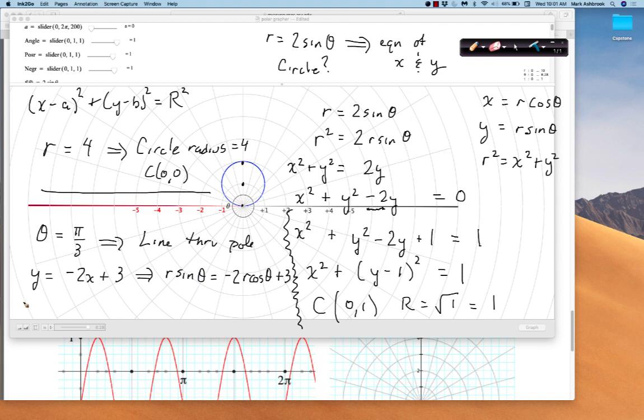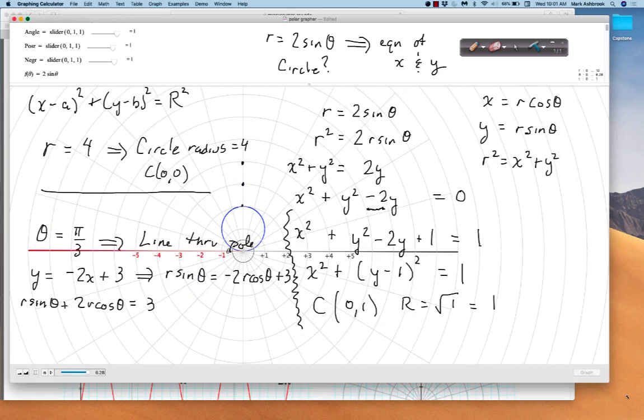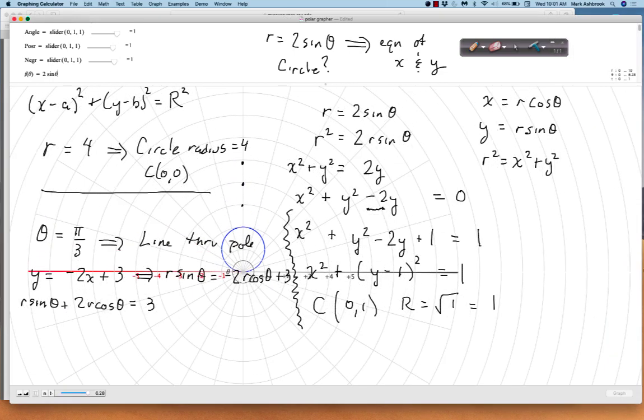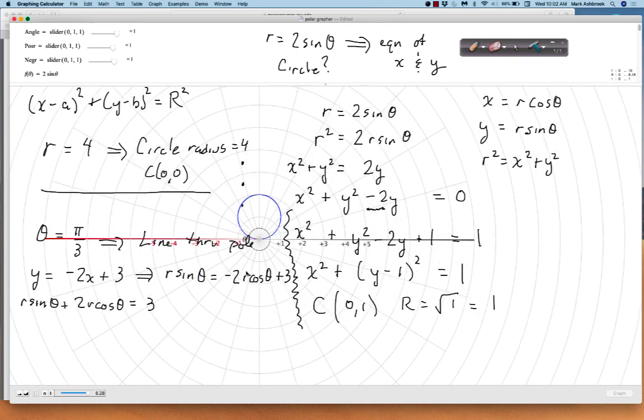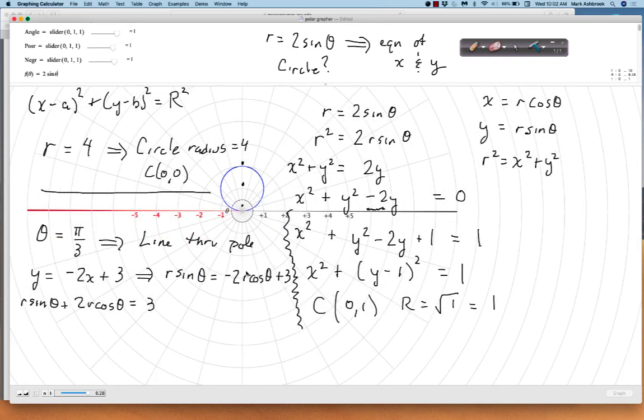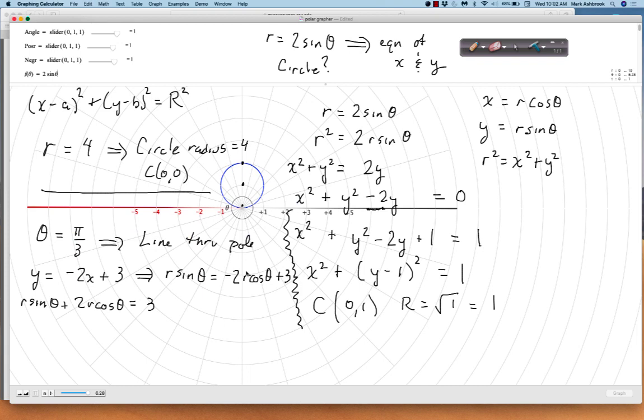I get r sine theta plus 2r cosine theta equals 3.